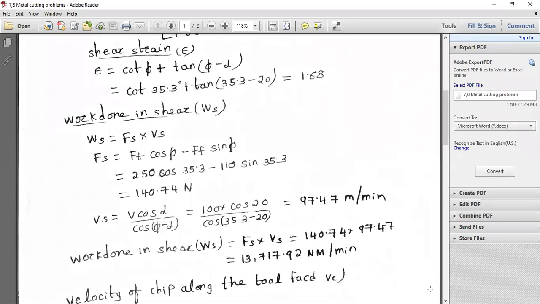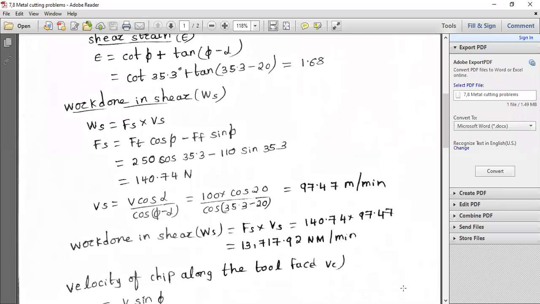Fs is in newtons, and Vs, the shear velocity, is in meter per minute. So totally it is Newton meter per minute. Sometimes you have to be careful about the notations and units. So what is the velocity of chip?